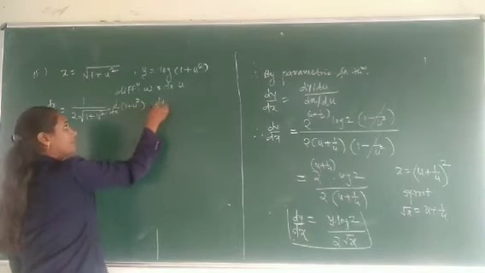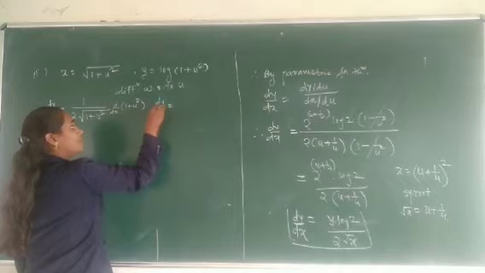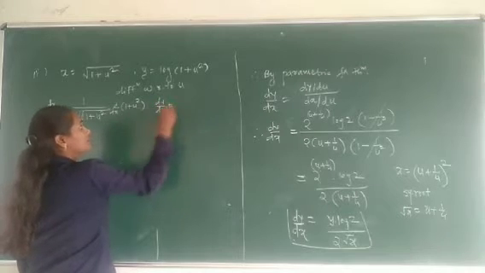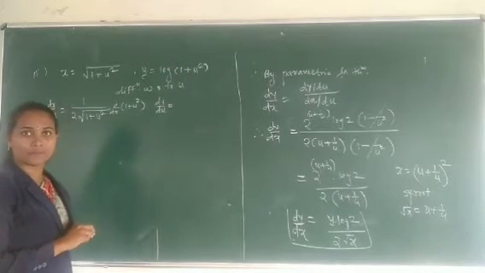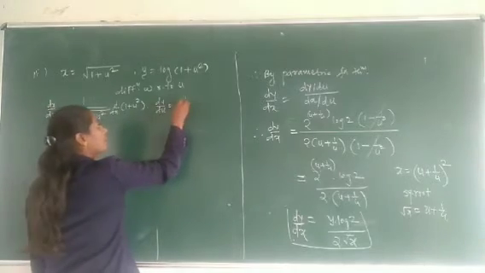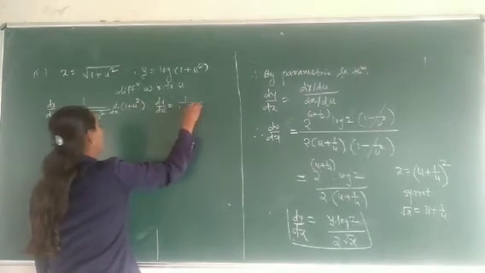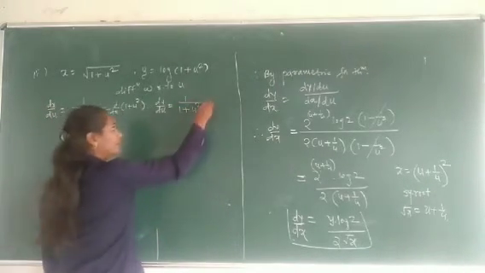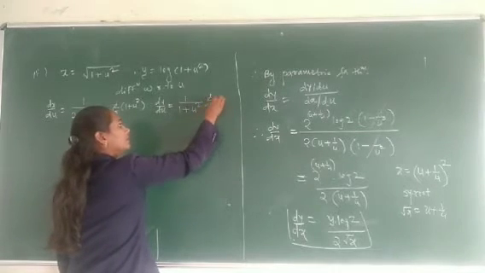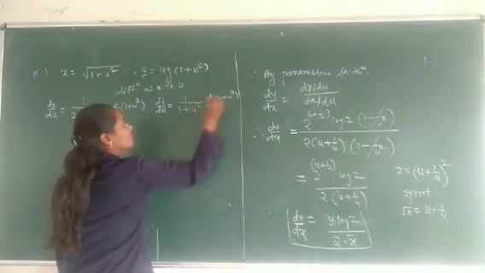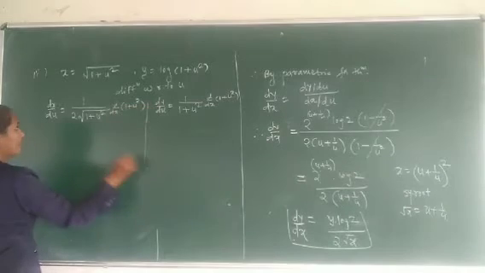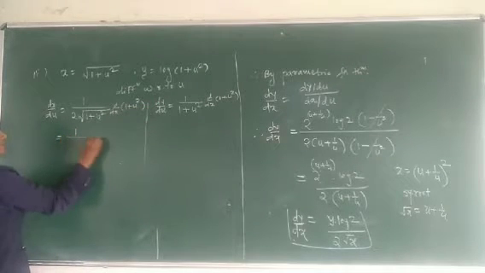Again, dy upon du is equal to, this has a log f of x, so the derivative is 1 upon f of x. So 1 upon 1 plus u square into the derivative of 1 plus u square. Now write these functions as it is.